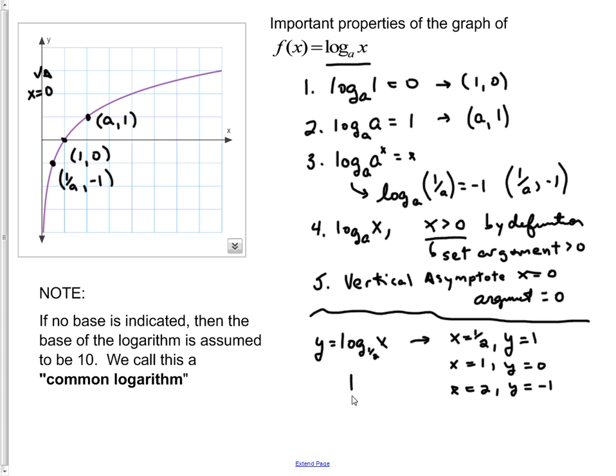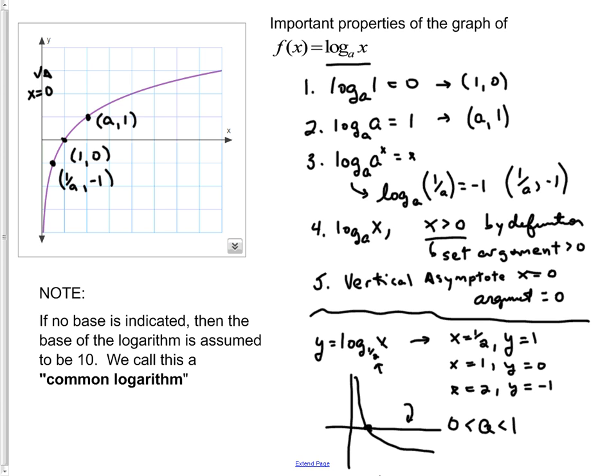This graph would actually end up looking like this, and that's because the base is between 0 and 1. So if you have a base for which that's true, we should be careful to make sure that we know that if the base is between 0 and 1, we'll have that reversed look right here.